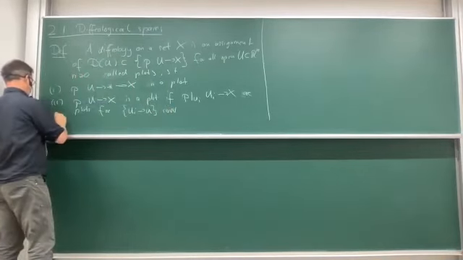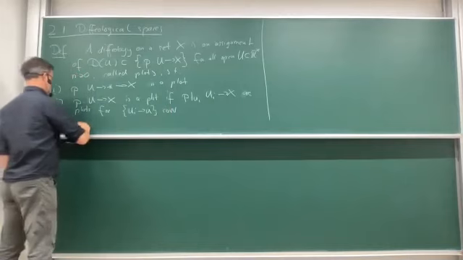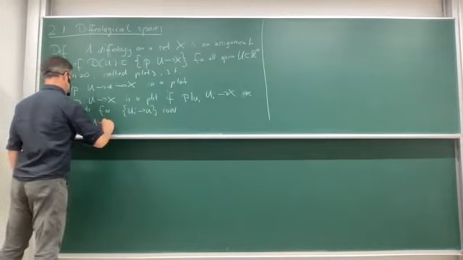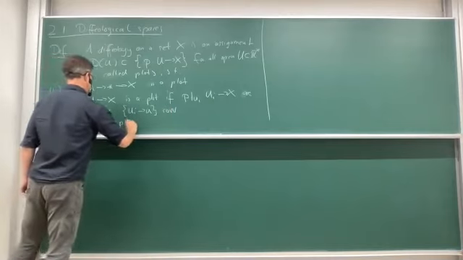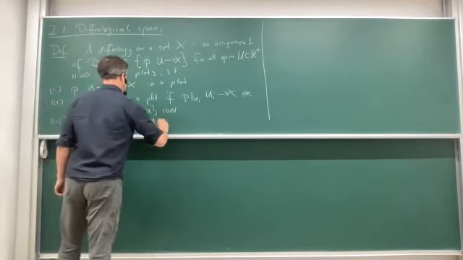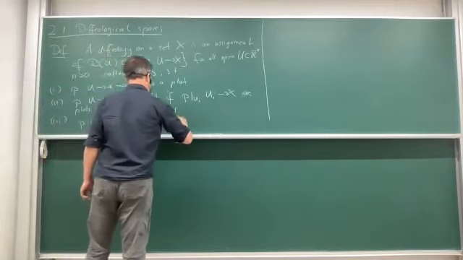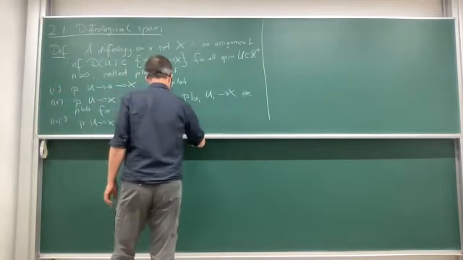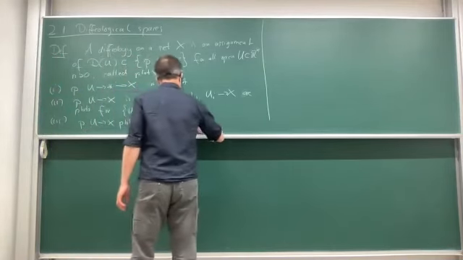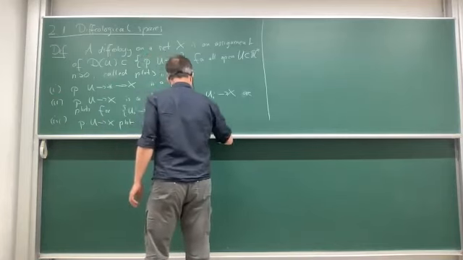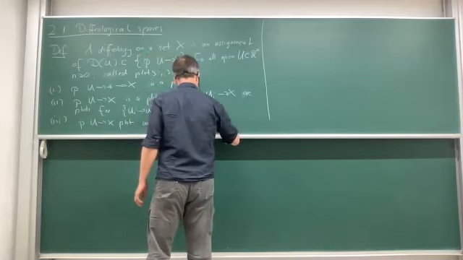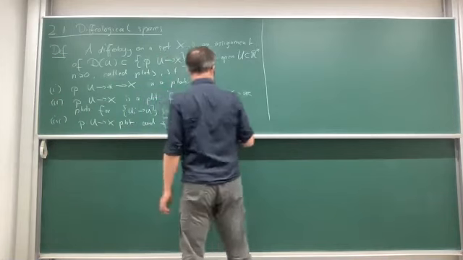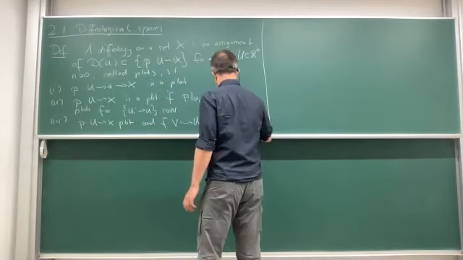And three: if F is a smooth map from another open subset, which could also be of different dimension, then the composition of P with F is again a plot.